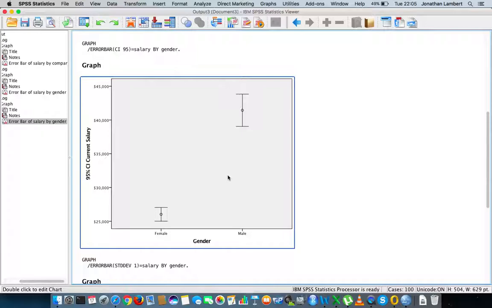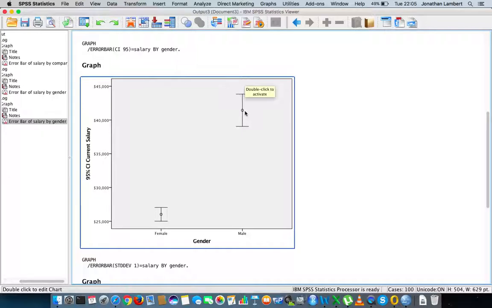If the confidence intervals don't overlap, that would be evidence to suggest that the actual means of the populations that the samples have been drawn from are different to each other. So we can see in this particular case that there would be evidence to suggest that the average salary of females is in fact less than the average salary of males.